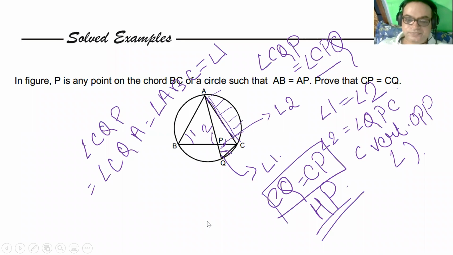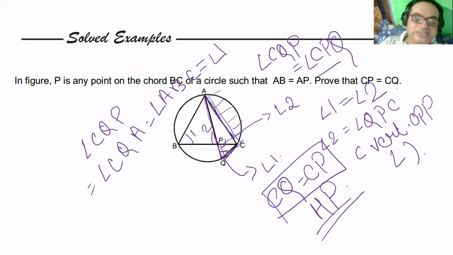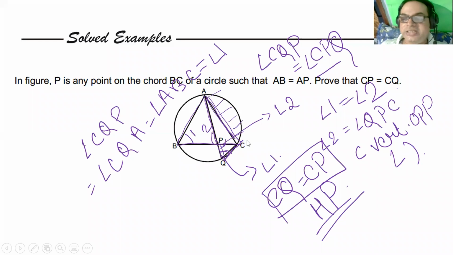Sir, can you repeat again about proving the angle CQP? See, angle CQP is nothing but angle CQA, and this angle CQA is made on this segment AC. Similarly this angle ABC has also been made on this segment AC. We have already studied one very important property, that angles made in the same segment are equal.